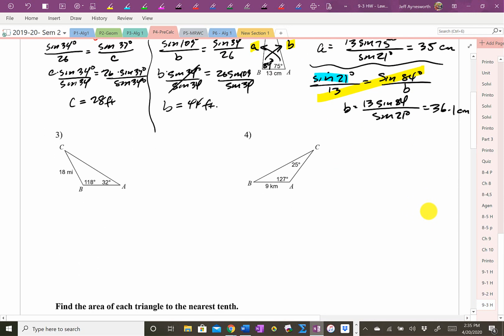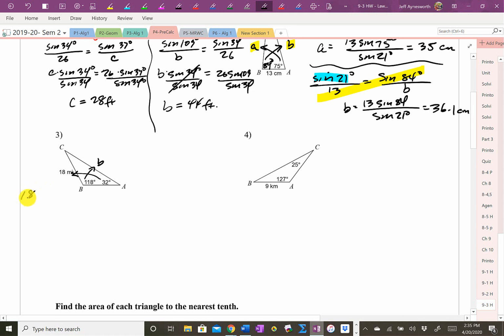And then number 3 and 4. So I guess I'll do another one. All right, let me see. So opposite of this angle is B. And then opposite of 32 is 18 here, and we don't know this third angle, so we need to find the angle first.